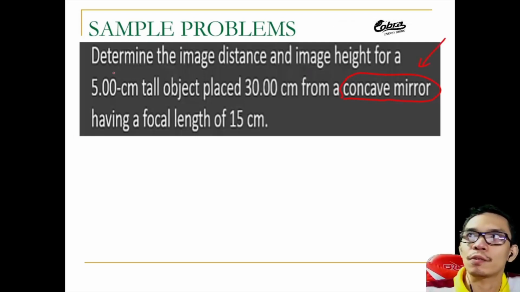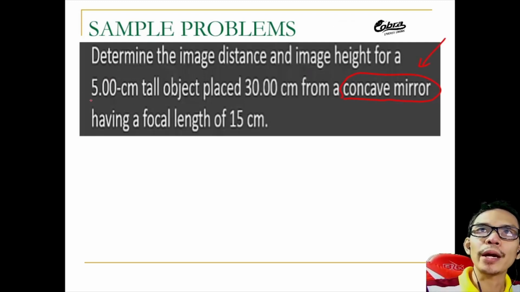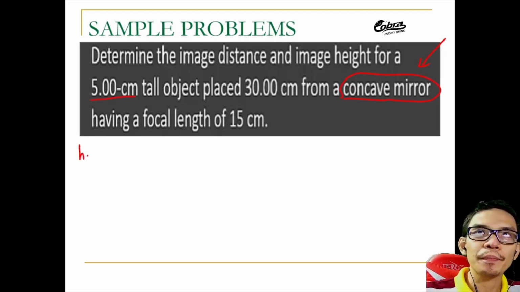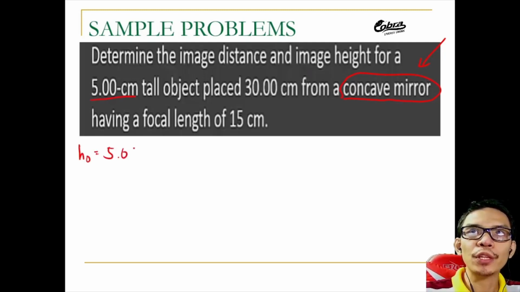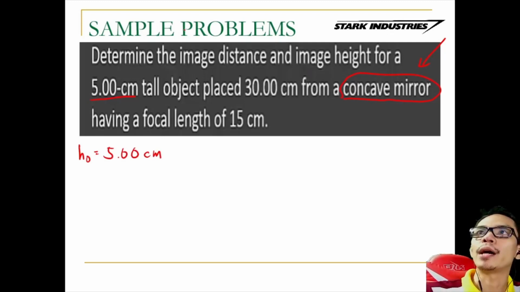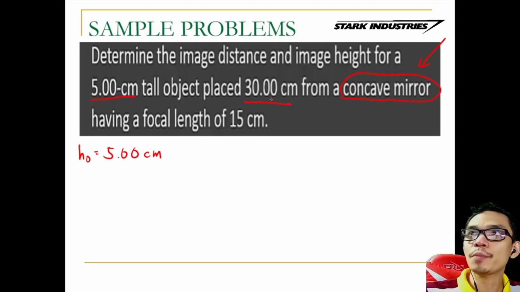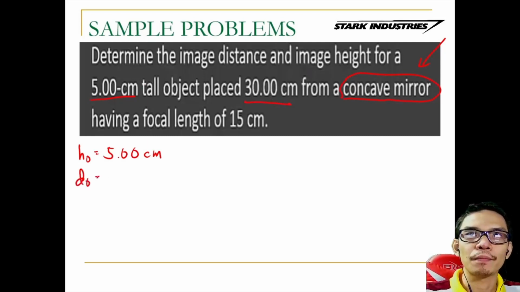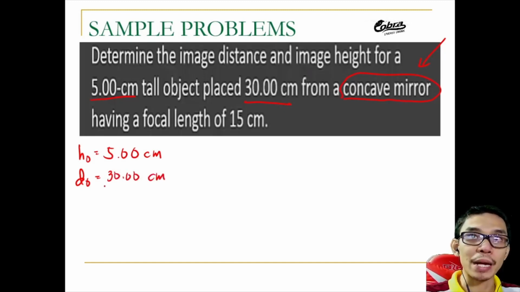Okay, so let's write everything. This will be the height of the object. Again, we don't have any problems on that because that is always positive. Next, we have the distance of the object, 30.00 cm. Again, that is always positive.